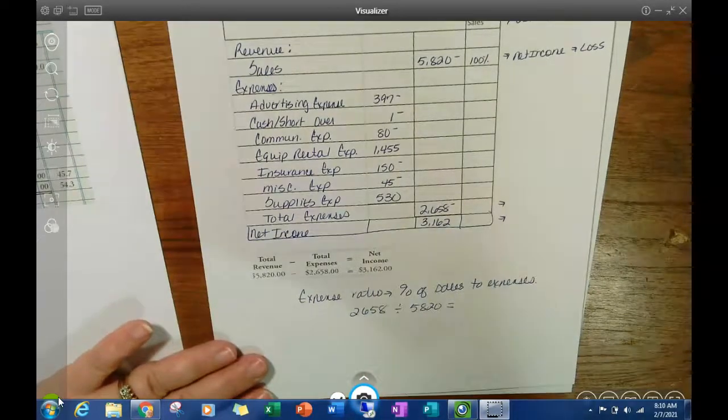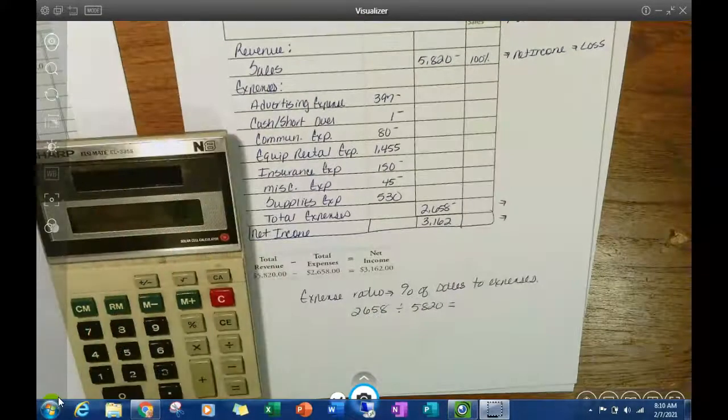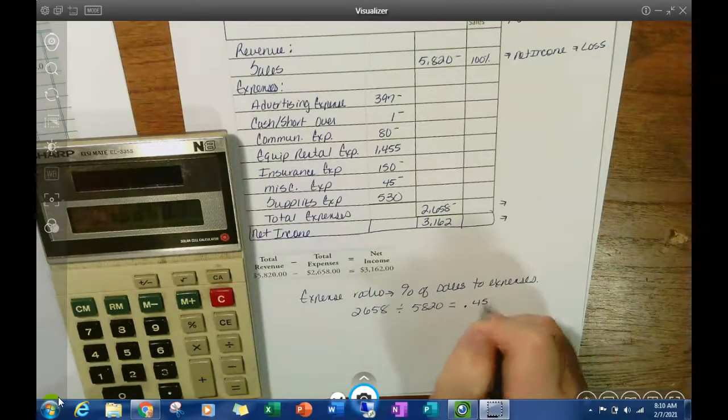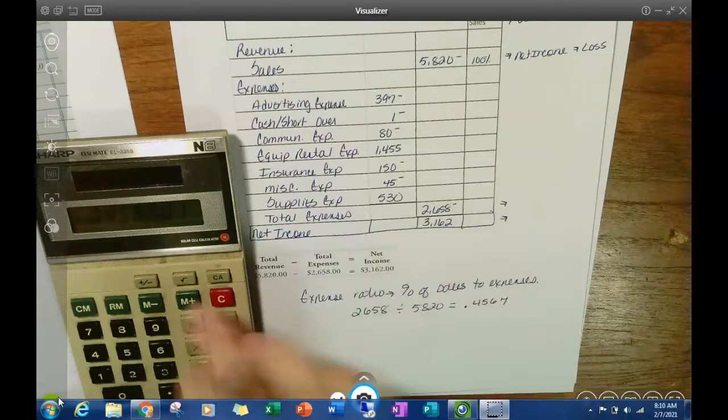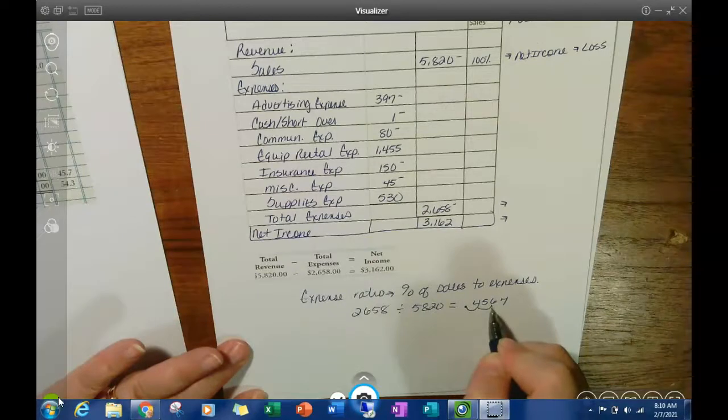When you do that, you are going to get a decimal point format. So you're getting 0.4567. Accounting does everything to the 10th.